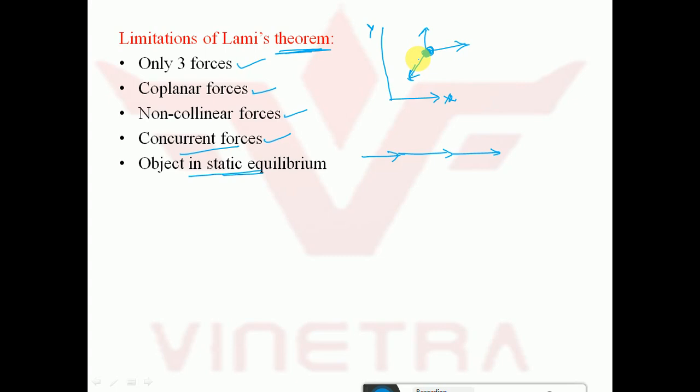So in the next class we will go for the free body diagram and law of superposition of forces. After that we will solve a few problems on equilibrium of forces. To solve these problems on equilibrium of forces, we require this Lami's theorem.